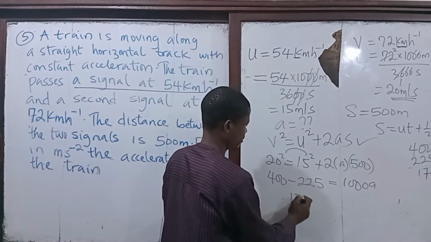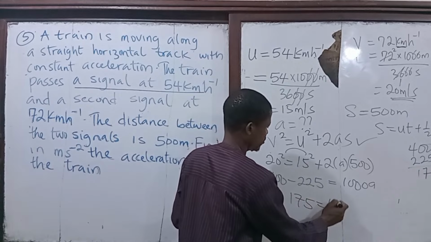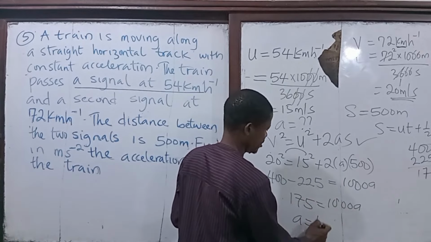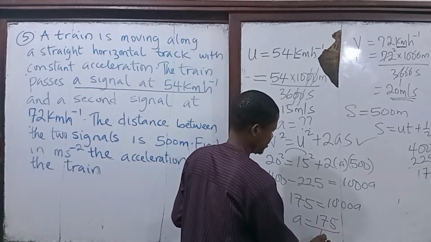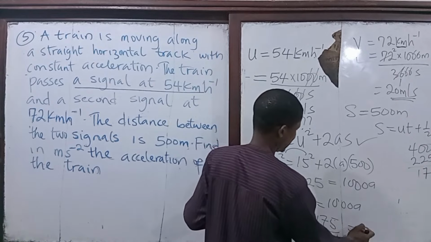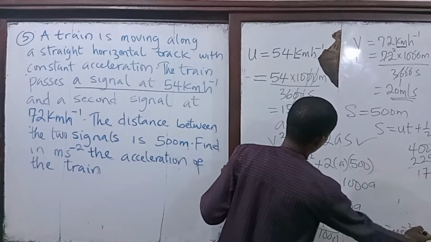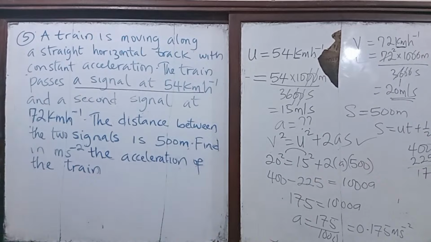This will be 175 equal to 1,000A. So make A the subject. That's 175 over 1000, and that's 0.175 meter per second squared. So that's that on that question.